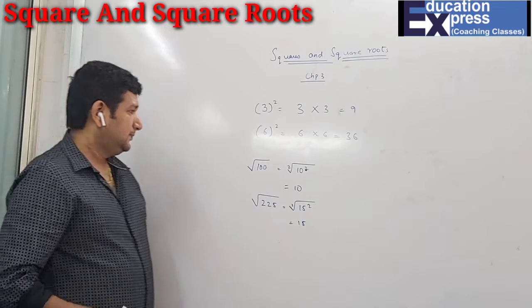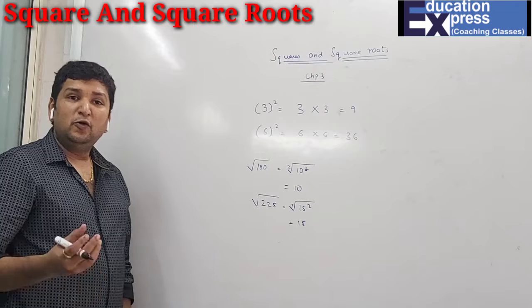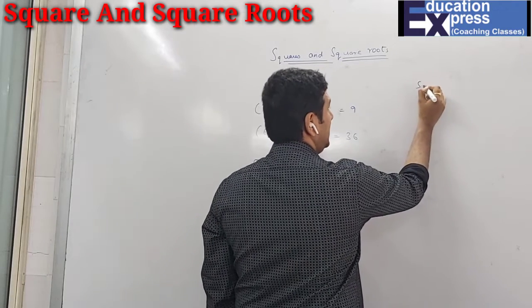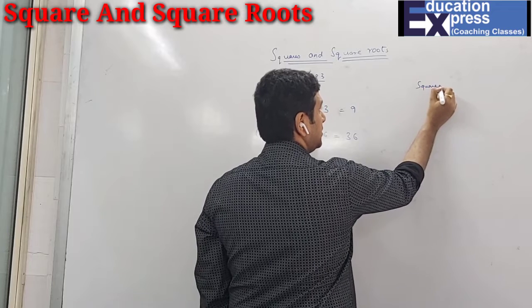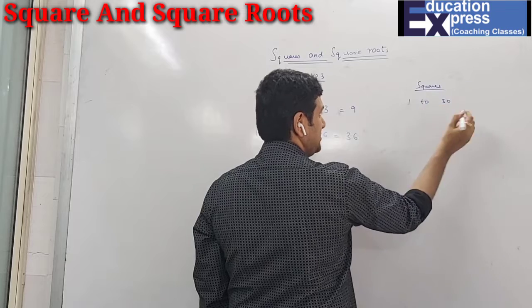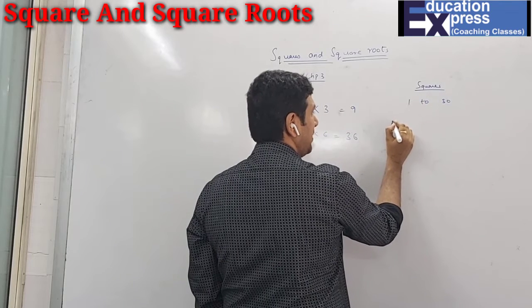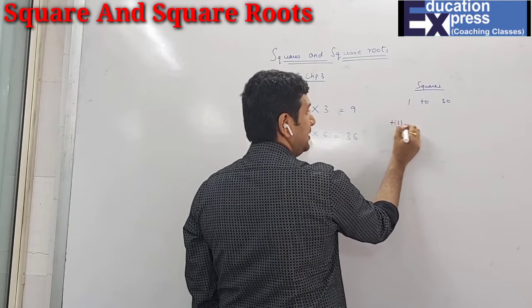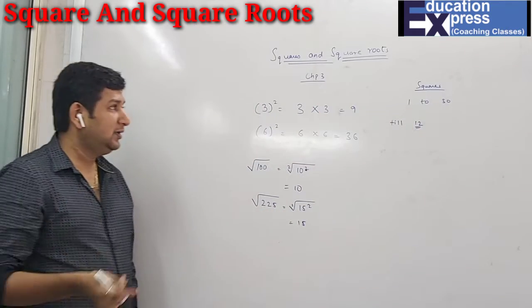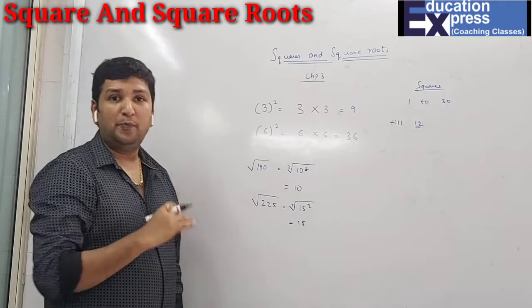Now over here there are few things which you should know. That is compulsory, each and every student should know the squares from 1 to 30. I am 100% sure that almost all the students will be knowing the squares till 12. After that 13, 14, 15 till 30 you should know properly.